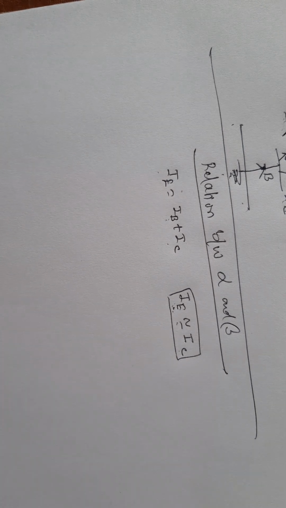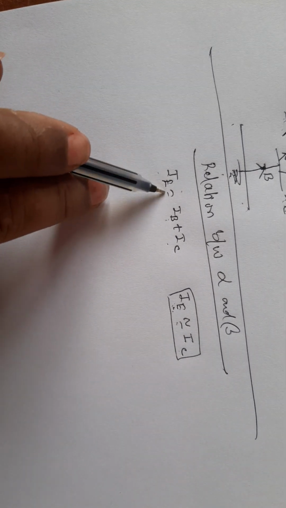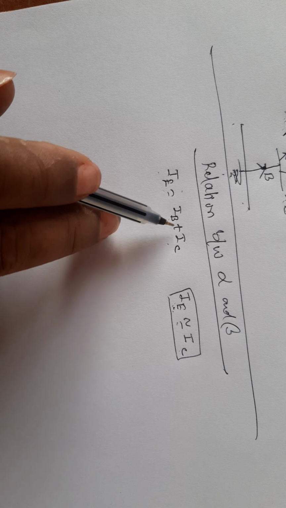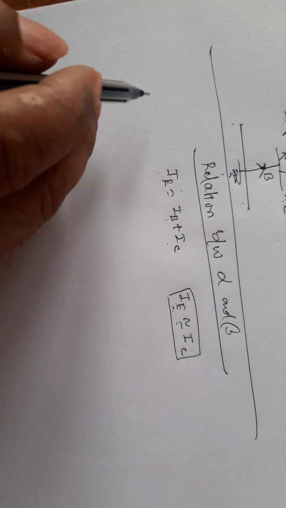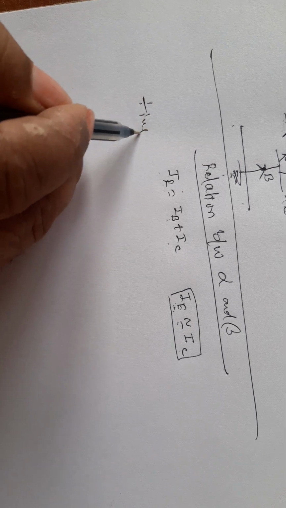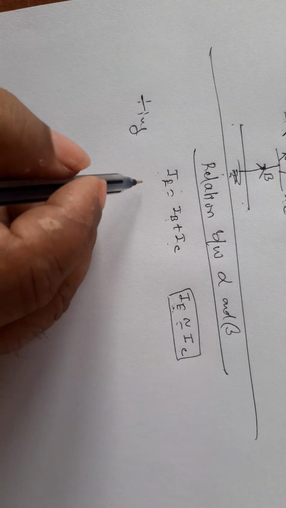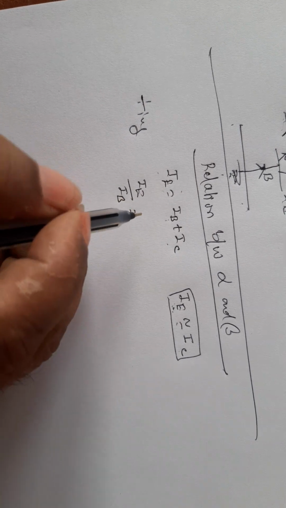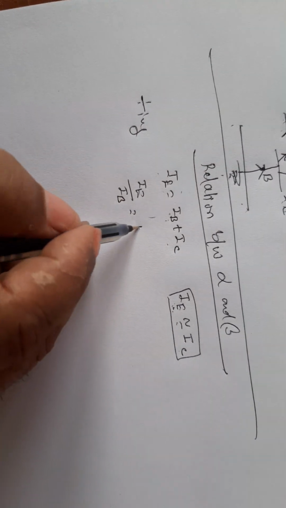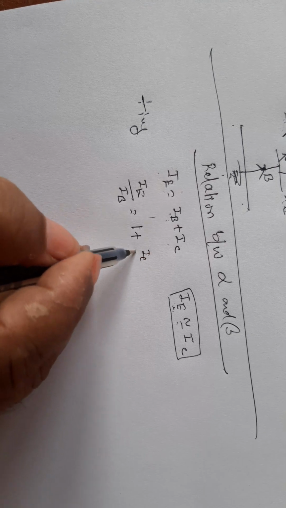However, the emitter current is equal to the sum of the two currents, base current plus collector current. Now dividing throughout by IB, you get IE divided by IB is equal to IB by IB, which is 1, plus IC by IB.